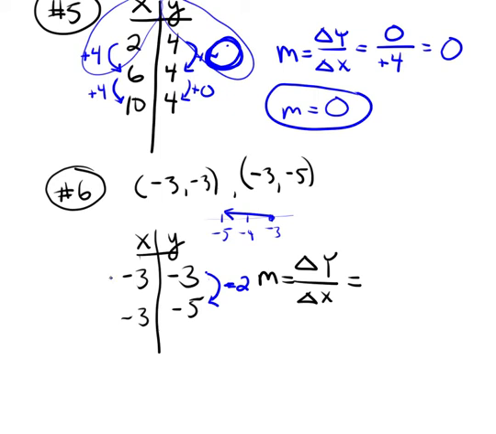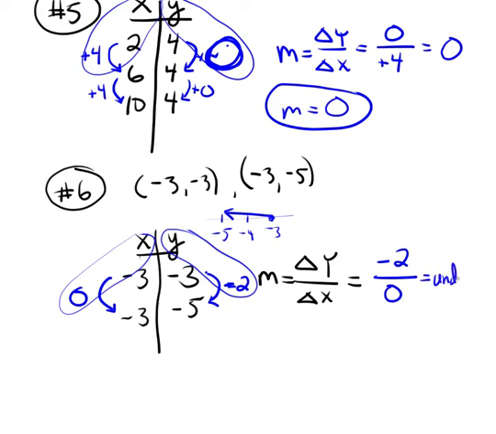So if we were starting at -3, going to -3, there's my 0. So you would think that this would be a slope of 0, but where is our 0? It's in the x, in the change in x. The y is the change of -2 for our y. So -2 goes on the top, 0 goes in the denominator, and if we have any number divided by 0, that is undefined.